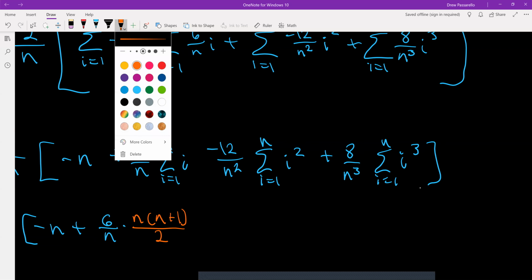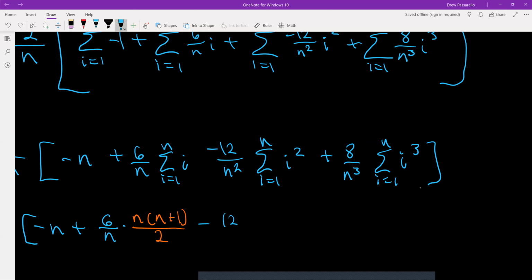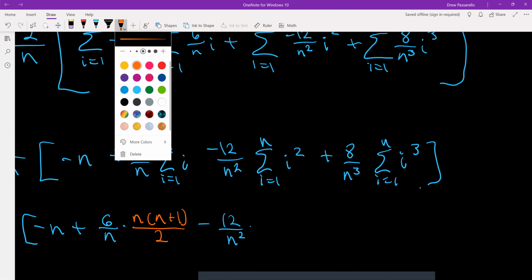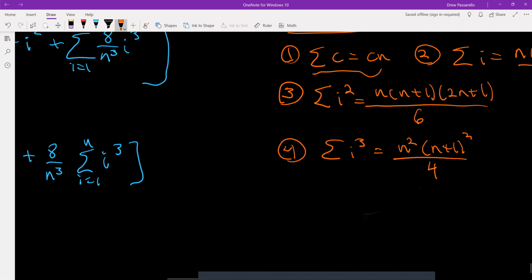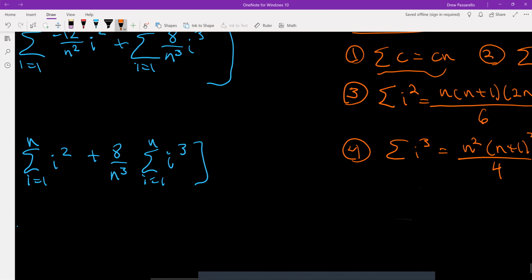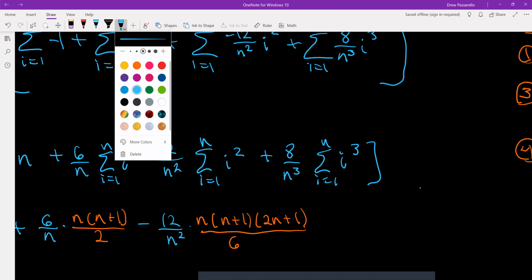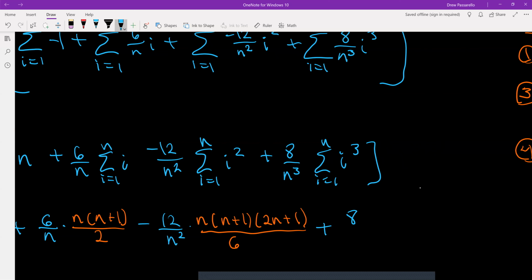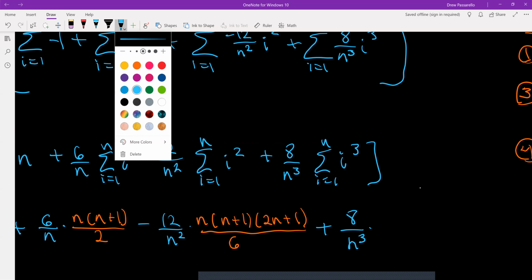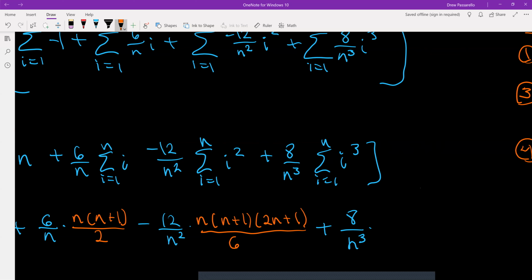Okay, then minus 12 over n squared, and then times the summation of i squared, and that's going to be n times n plus 1 times 2n plus 1 over 6. And then I have 8 over n cubed, and then the summation of i cubed is n squared times n plus 1 squared over 4.